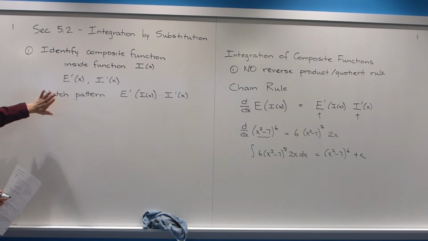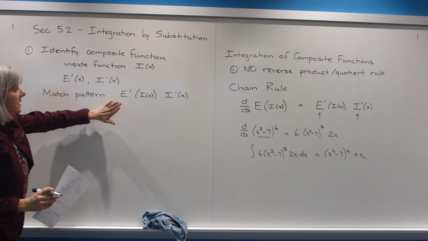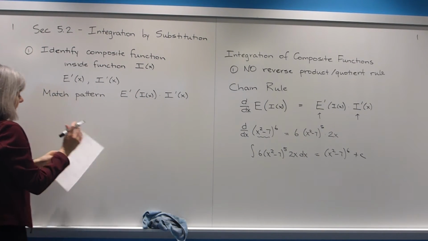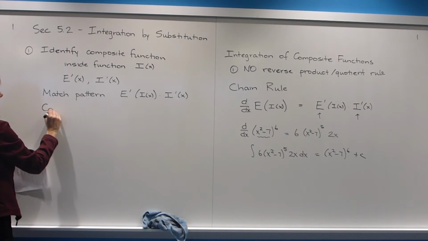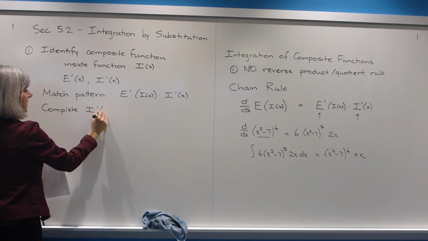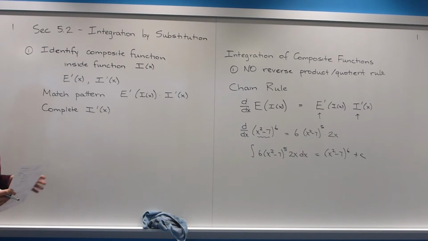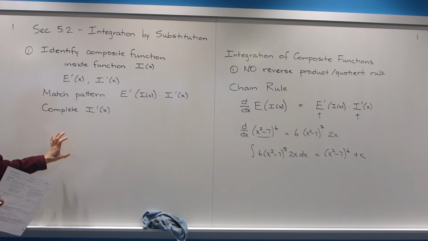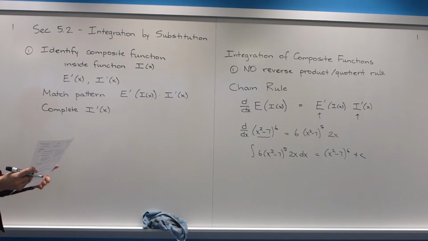So, first thing we're going to say is, I identify it as a composite, I find my inside function, and then you're going to find the complete derivative, I prime of x. And when we do it in class, we're going to use substitution, but for now, everything's going to match perfectly, so it's just a matter of beginning to see the pattern.